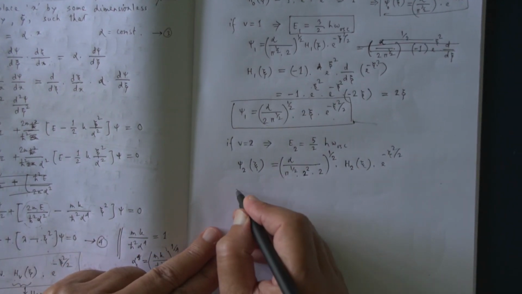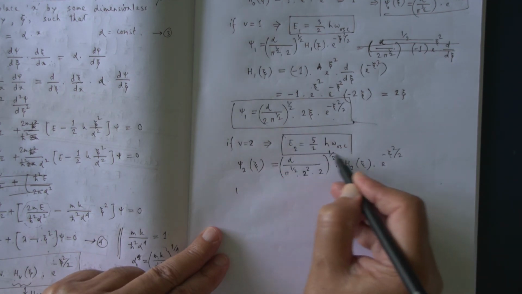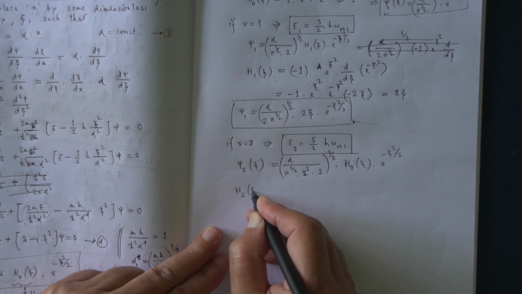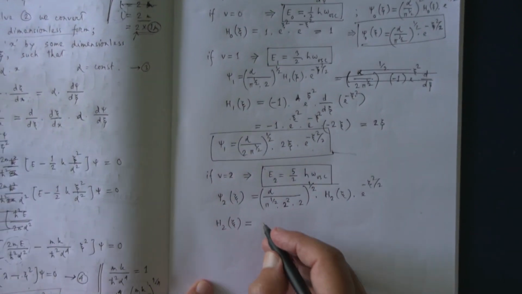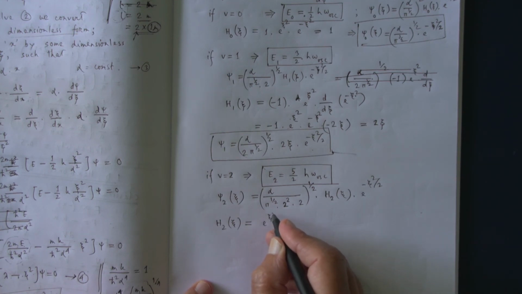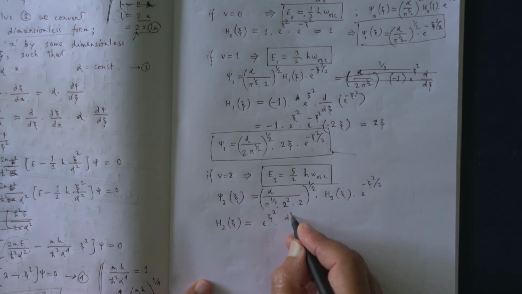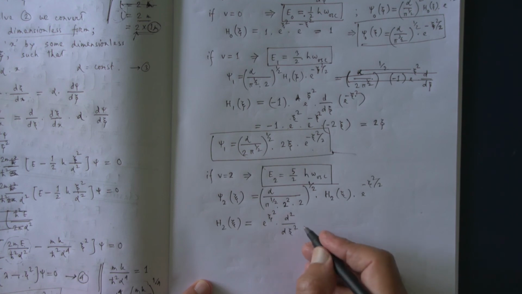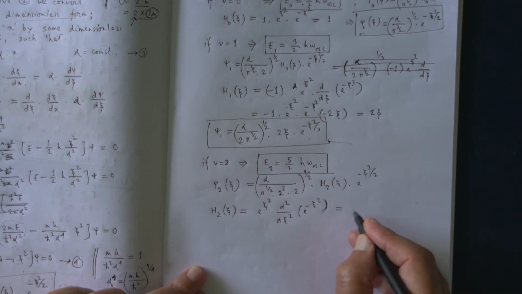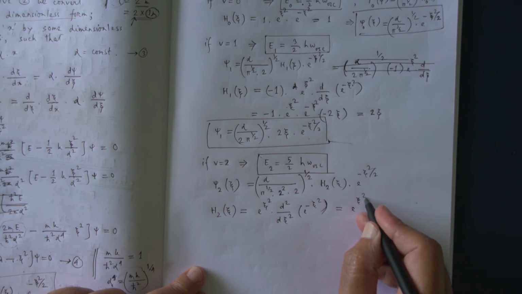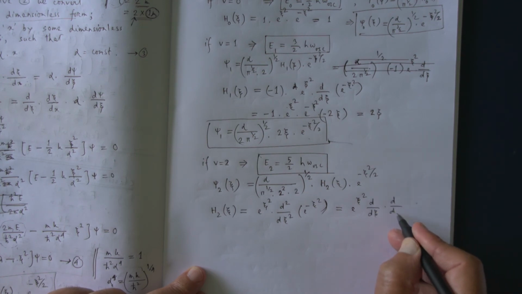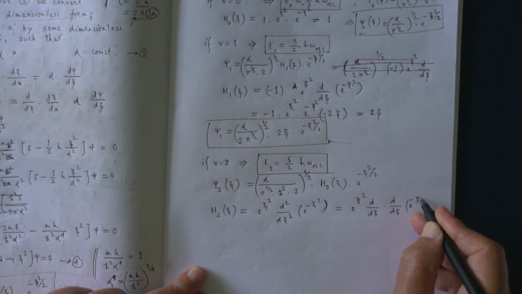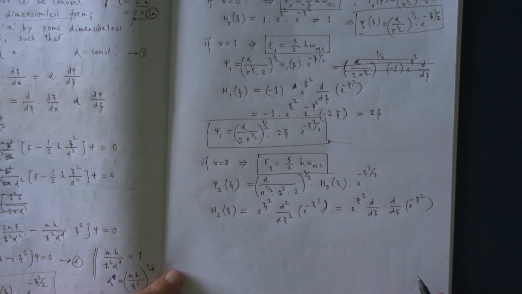Now once again H2 xi, that is equal to minus 1 square, that is 1, then e to the power xi square into d2 d xi square e to the power minus xi square, and that is equal to e to the power xi square d xi into d xi e to the power minus xi square.